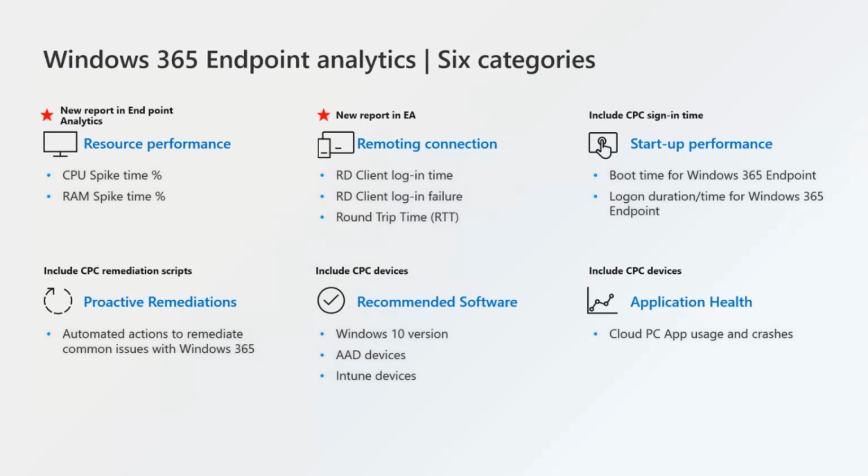This not only helps to improve the user experience and productivity score, but also reduces support volumes for your customers. When it comes to resource performance, you will get CPU spike percentage and RAM spike percentage.